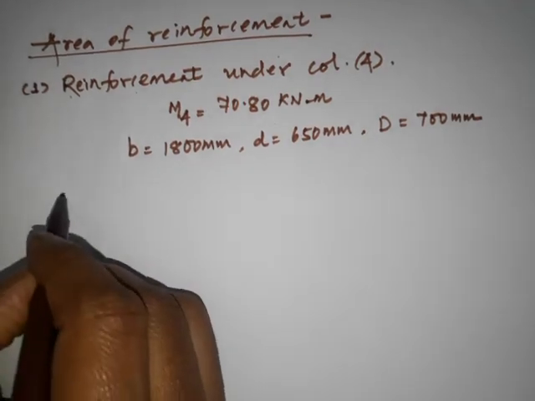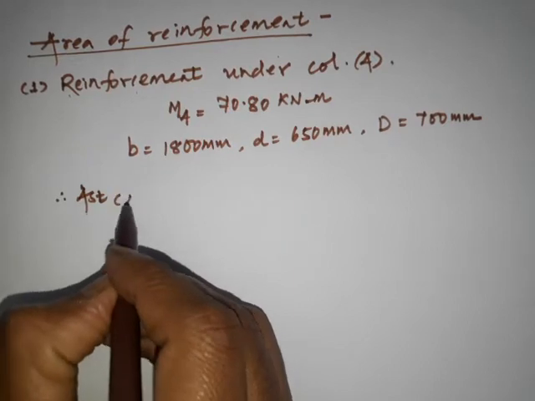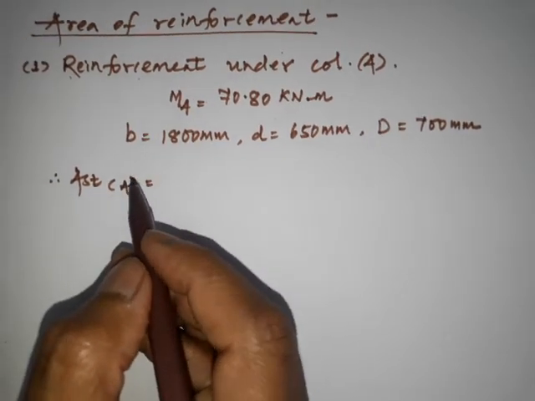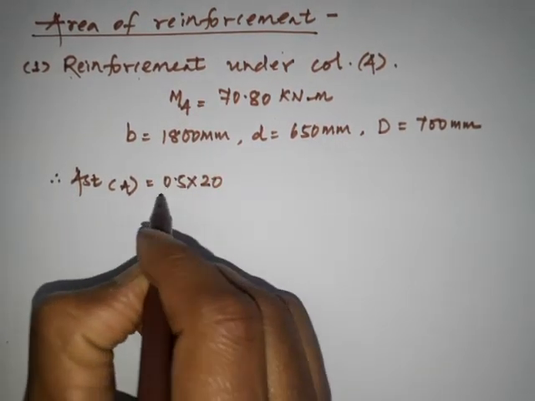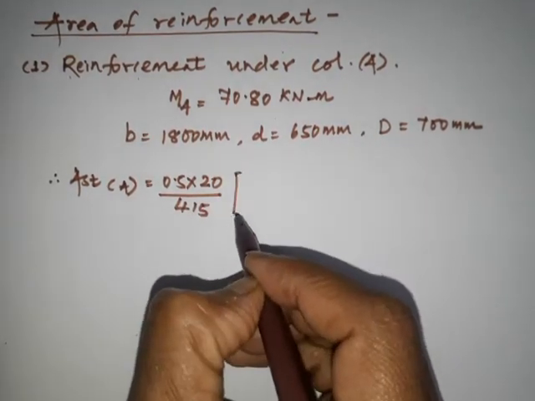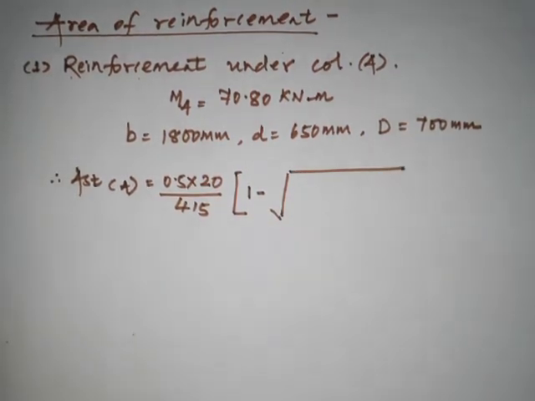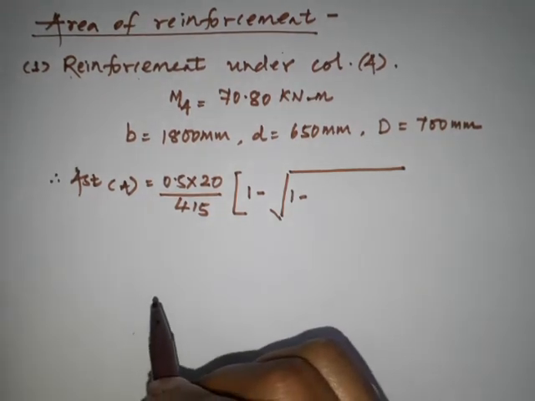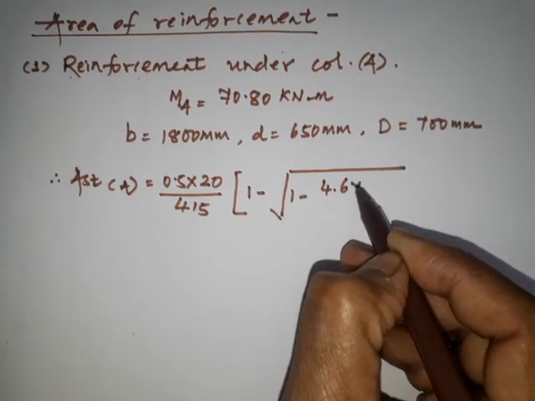Therefore AST under A is 0.5 FCK upon Fy, that is 415, into bracket of 1 minus square root of 1 minus 4.6 Mu.